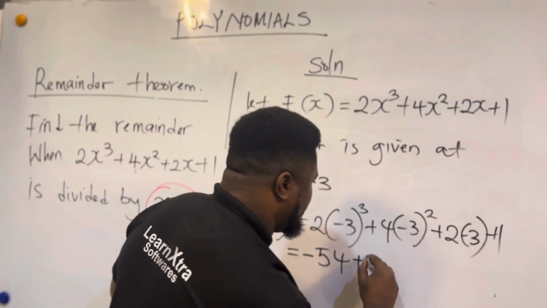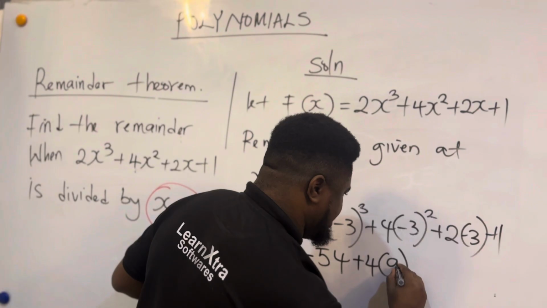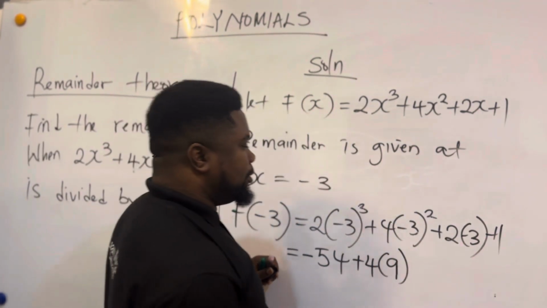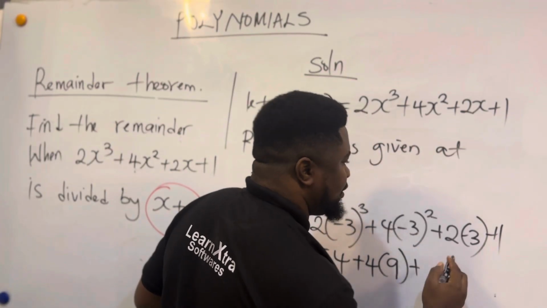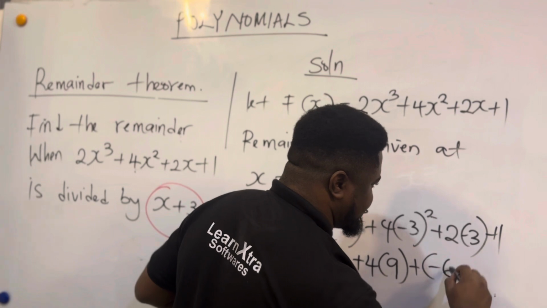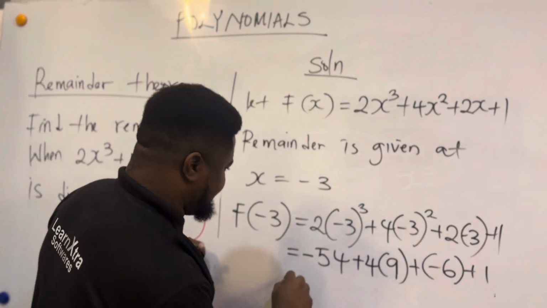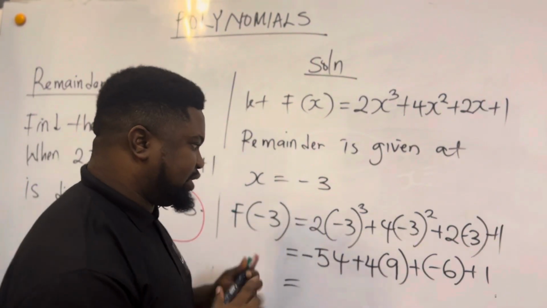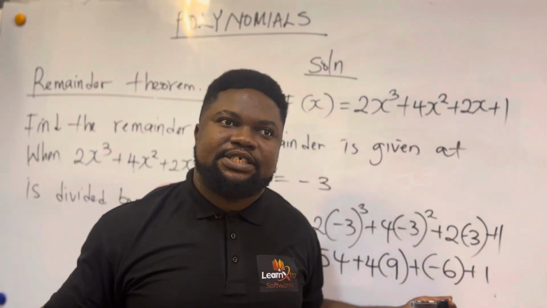So I have 4 into 9, plus minus 3 times 2 is minus 6, then plus 1. This will leave us with 4 times 9, 36.